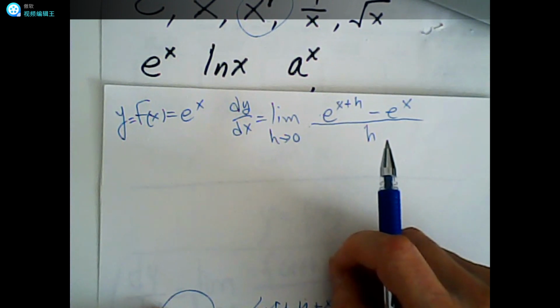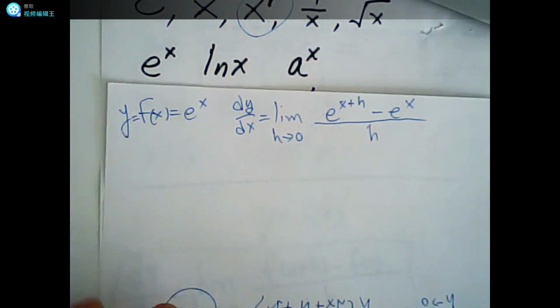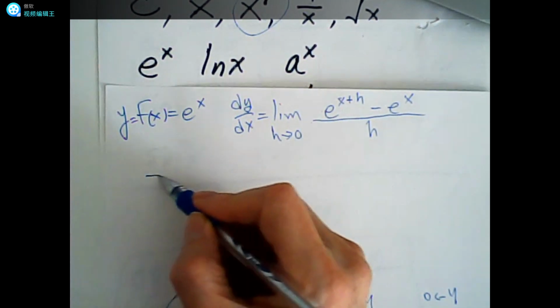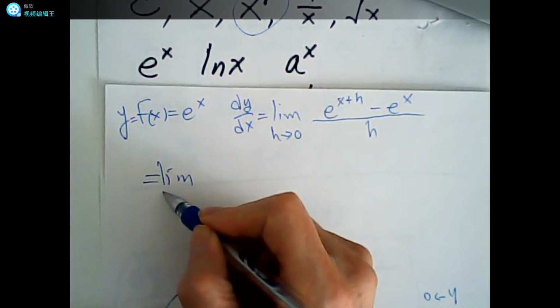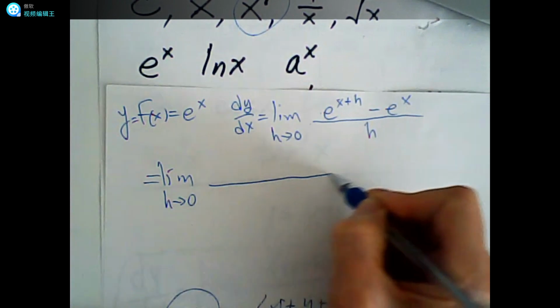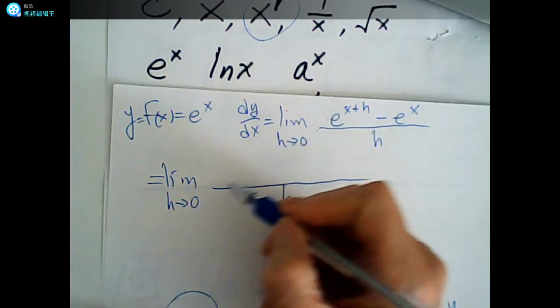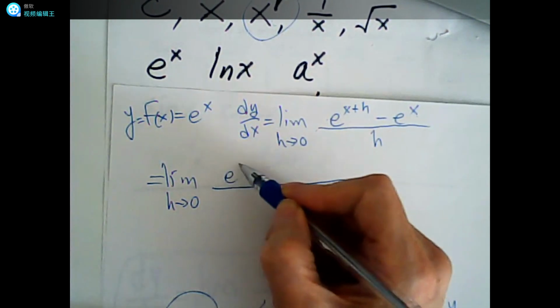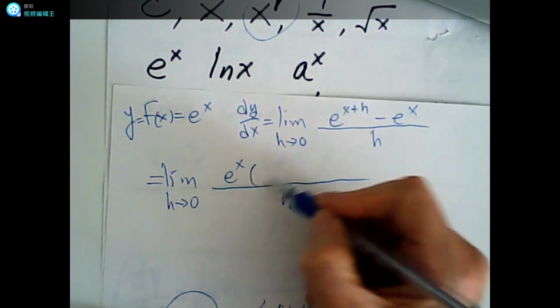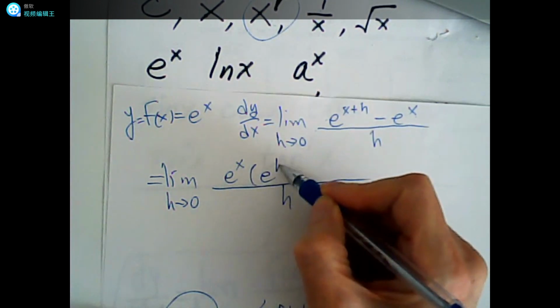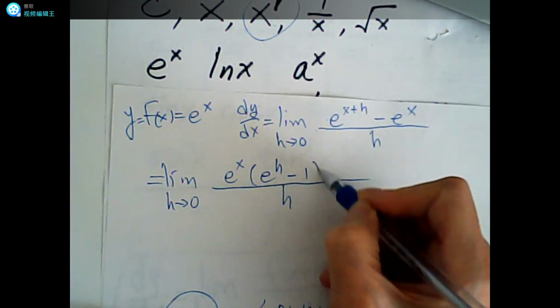Very good. Now this is equal to the limit as h approaches 0, you have a common factor, right? e to the x, and this is equal to e to the power of h minus 1 over h.